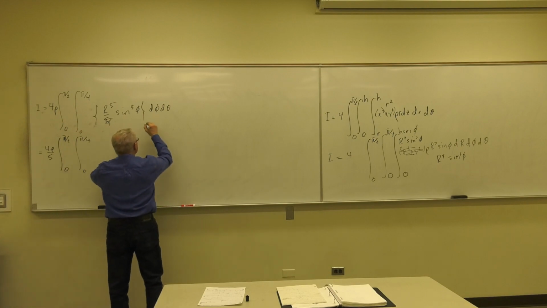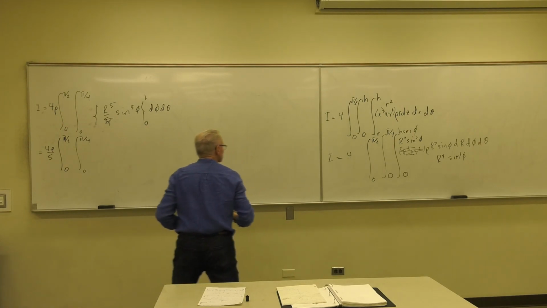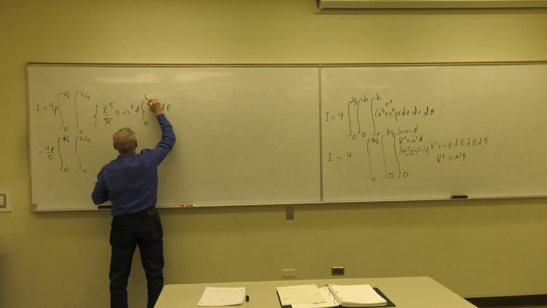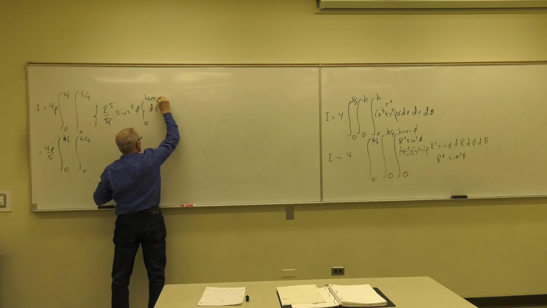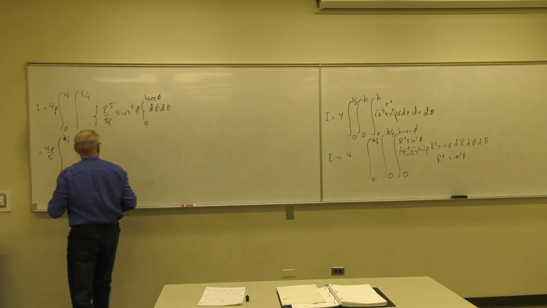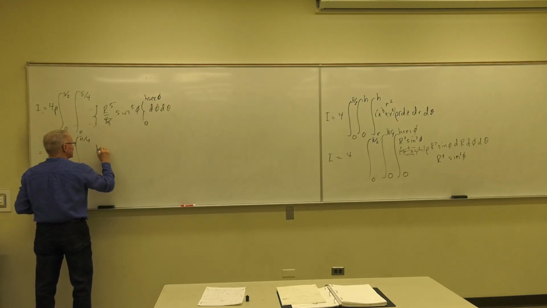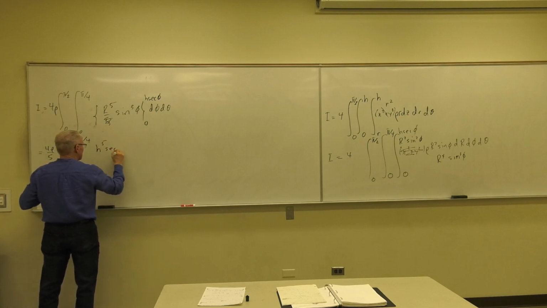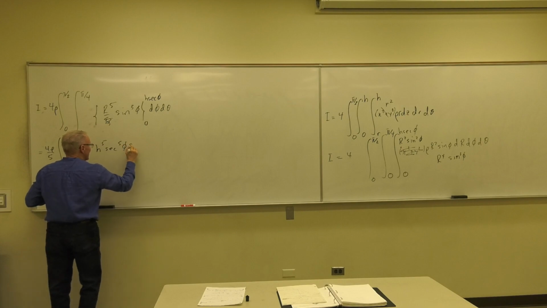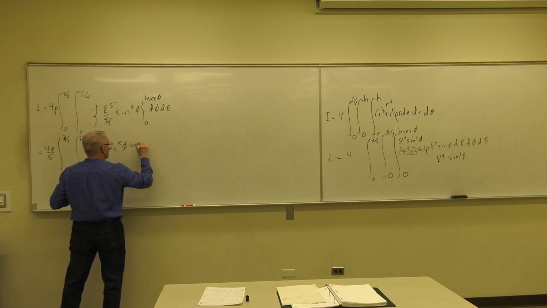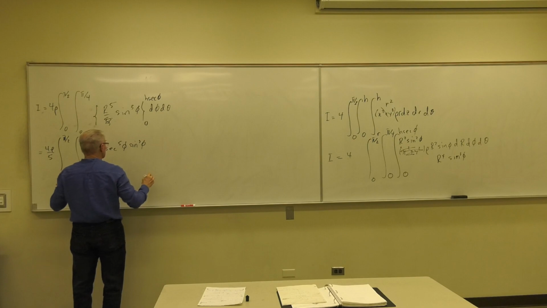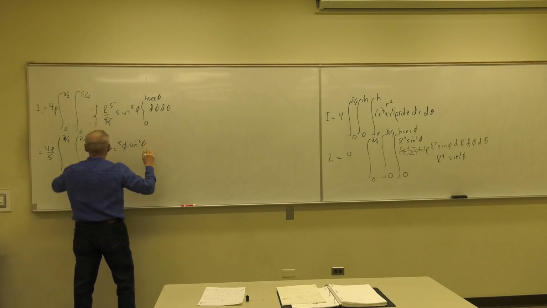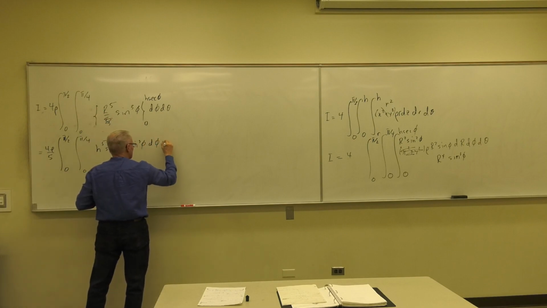The limits are 0 and, what is it? h sec phi. So we've got to put that in. So we'll have h to the 5th, the 5 is out, sec to the 5th phi, sine cubed phi. So that's in there. Put in 0 and you get 0. d phi, d theta.